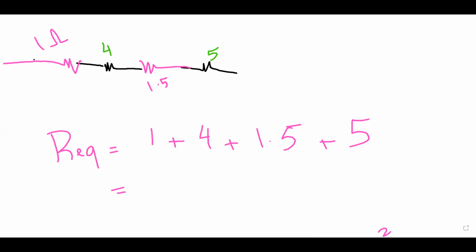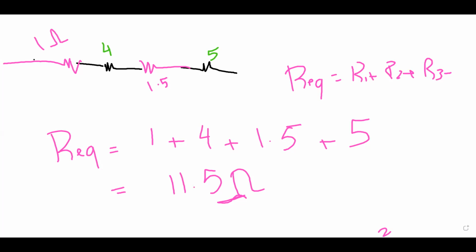You just have to add them, and you get the answer as 11.5 ohm. Since they are in series, I told you that the R equivalent for series is R1 plus R2 plus R3 and so on. Is it clear? Yes, teacher.